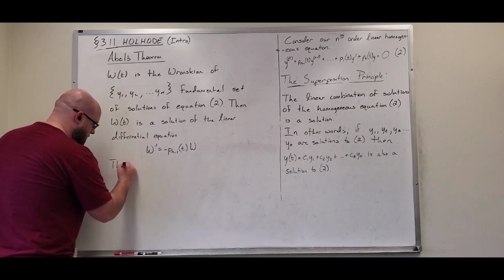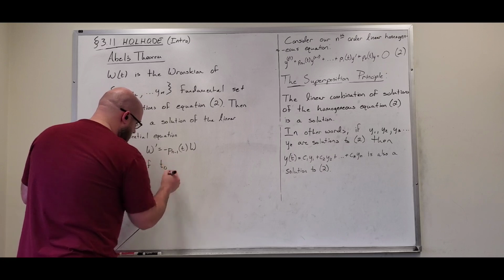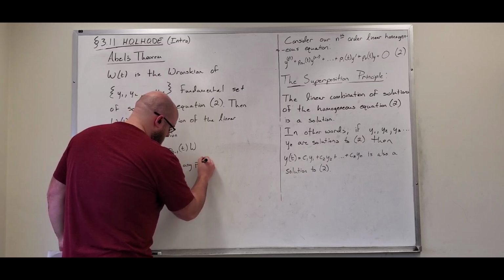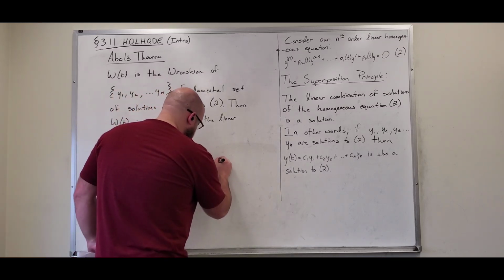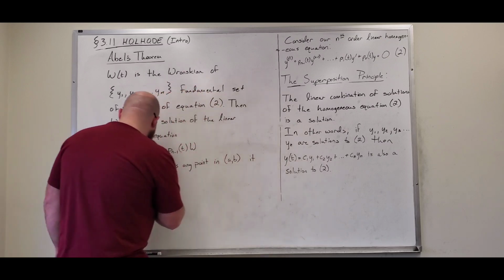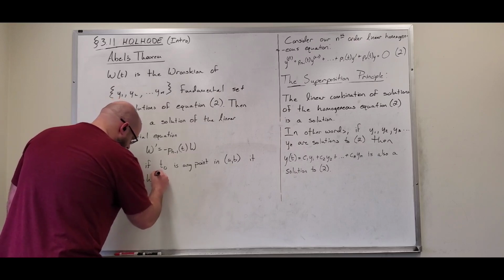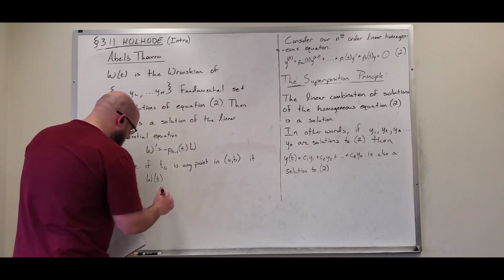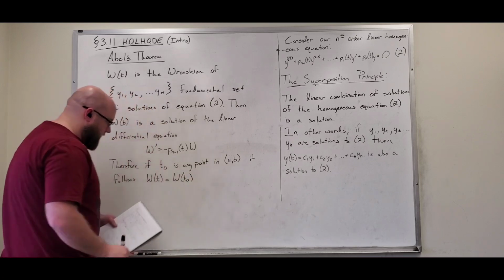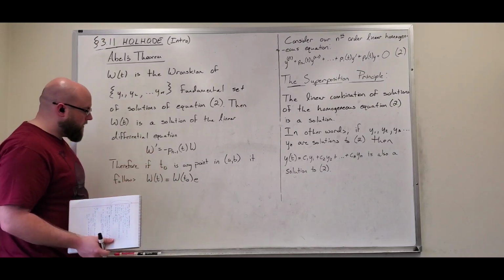Therefore, if t sub 0, the initial value, is any point in our interval of interest AB, it follows that W of t is equal to, so the initial value, E, so again, this is coming from the solution here.